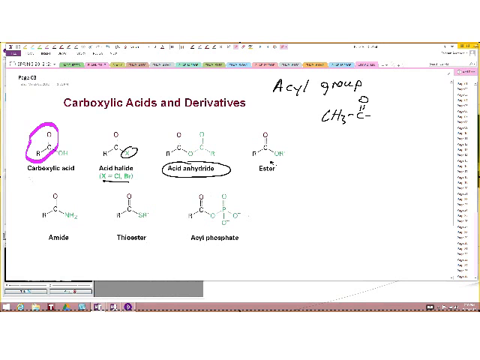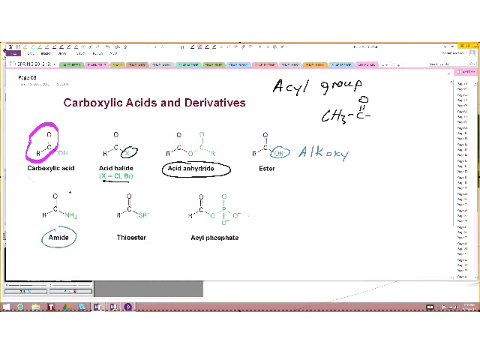And then we have the ester. Most of you have seen esters before. In this case, the acyl group is simply joined to an alkoxy group, an oxygen attached to some alkyl group.